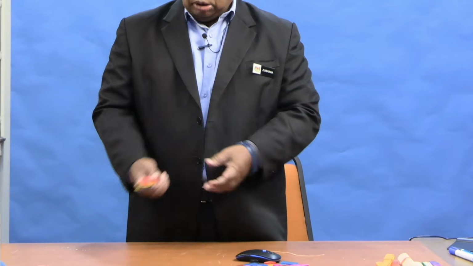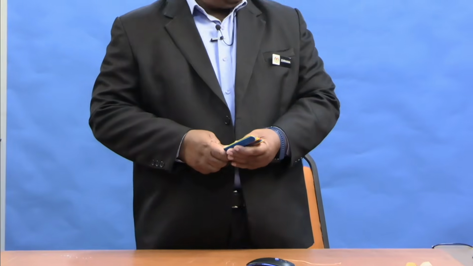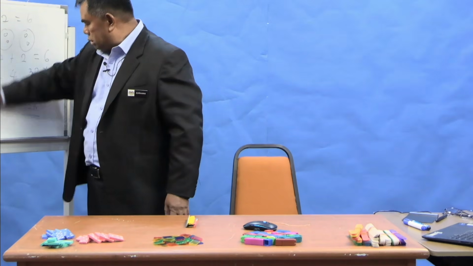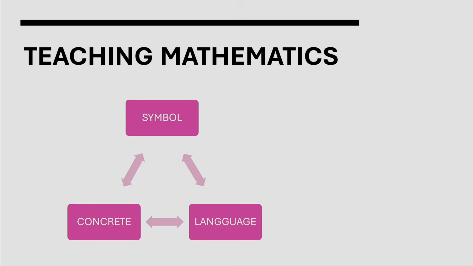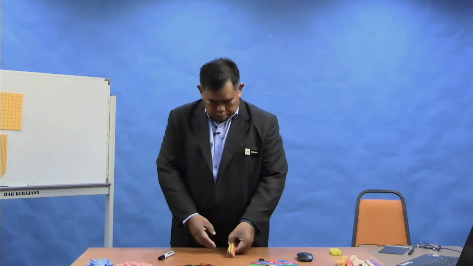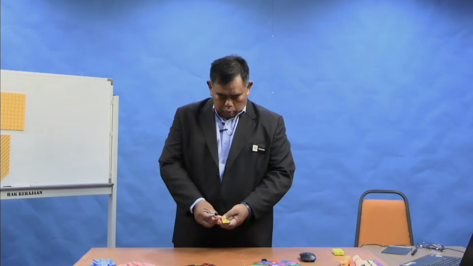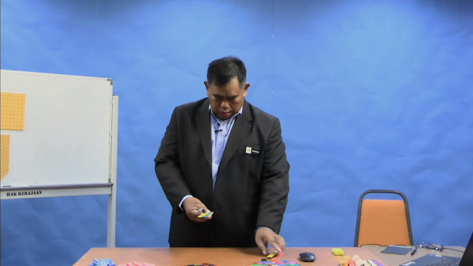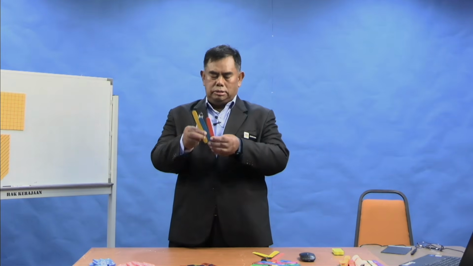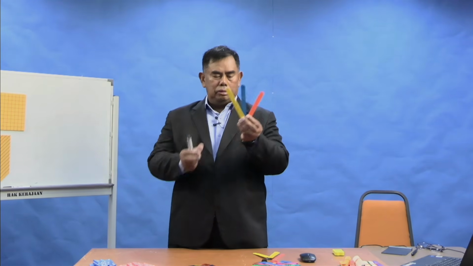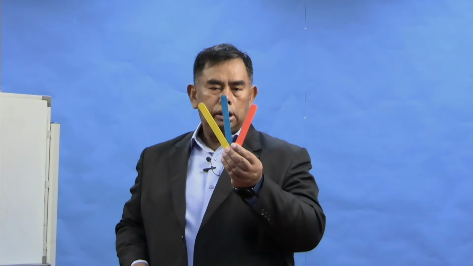It is a concrete material. Let me give you an example to understand the meaning of three. Let's start with the ice cream sticks. I have 3 ice cream sticks. These 3 ice cream sticks represent the concrete material.